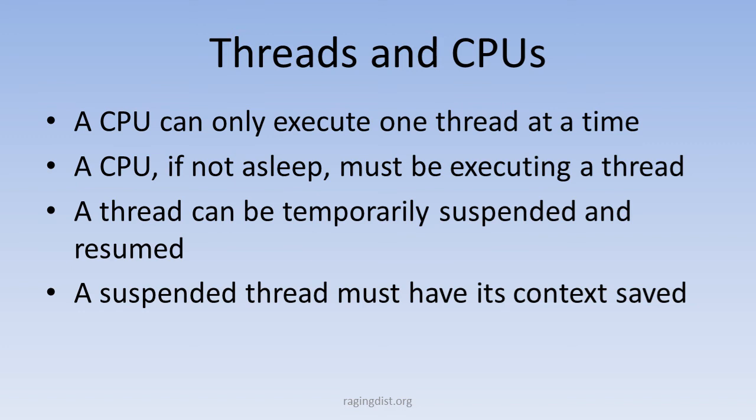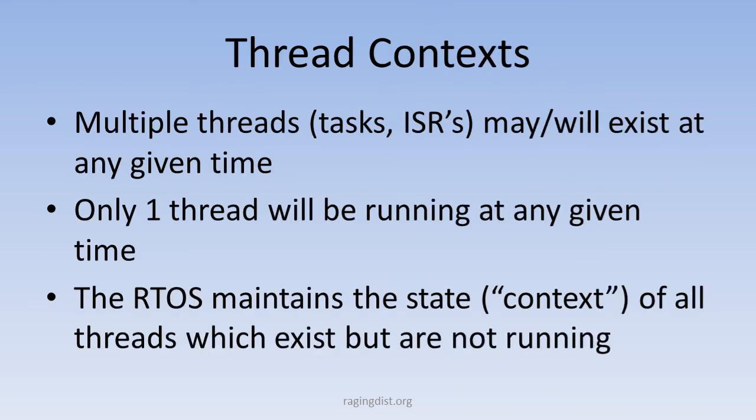There are some primitive CPUs where you can do a context switch without an exception, but I'm not going to cover those. A suspended thread, like I've been saying, has to have all of its context properly saved away. And when these conditions are met, this is a context switch.